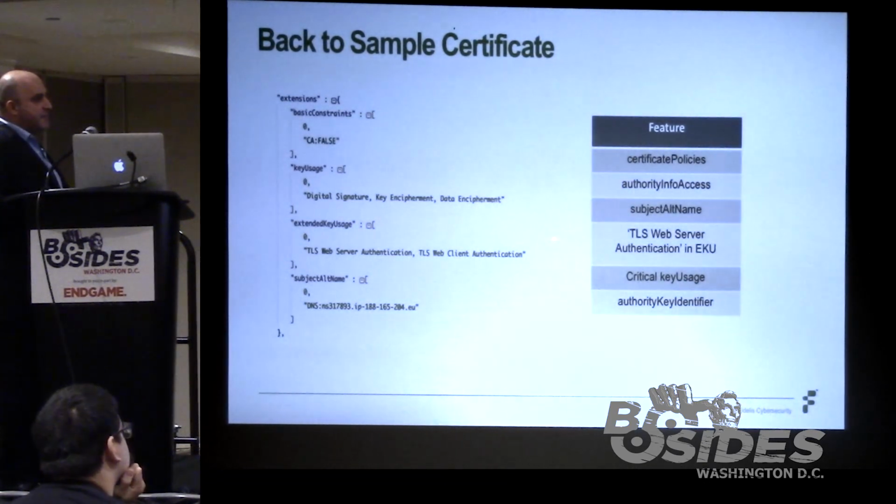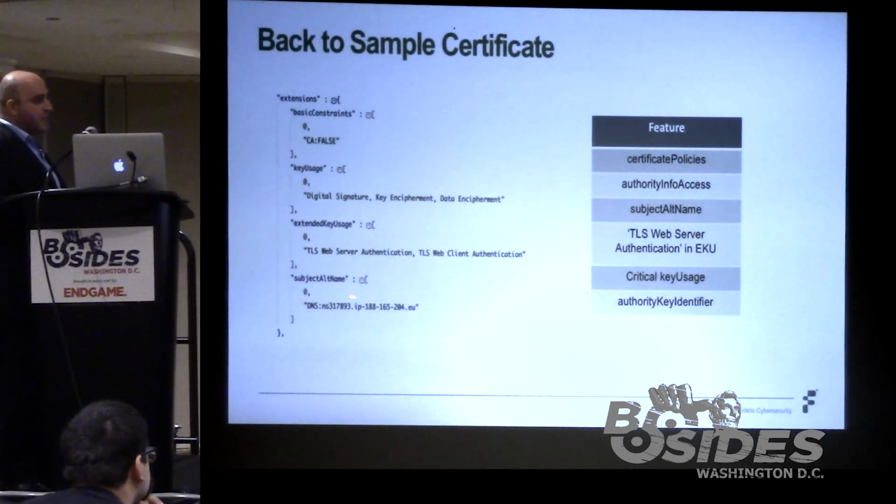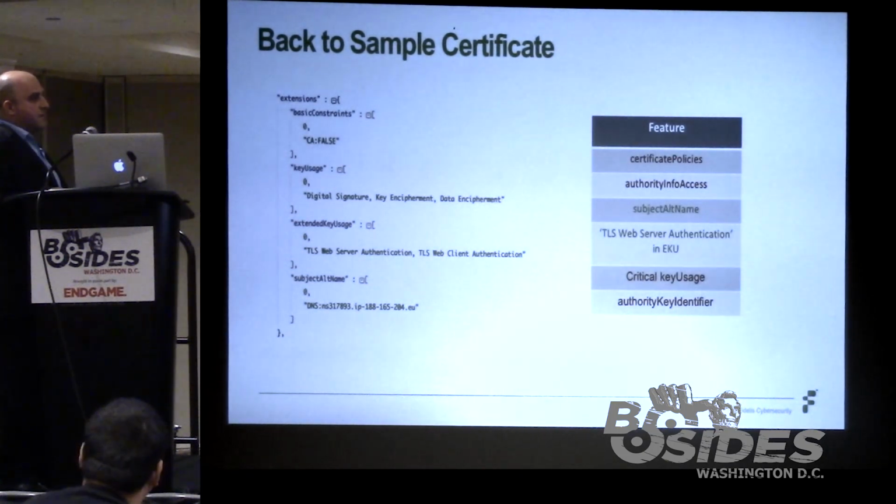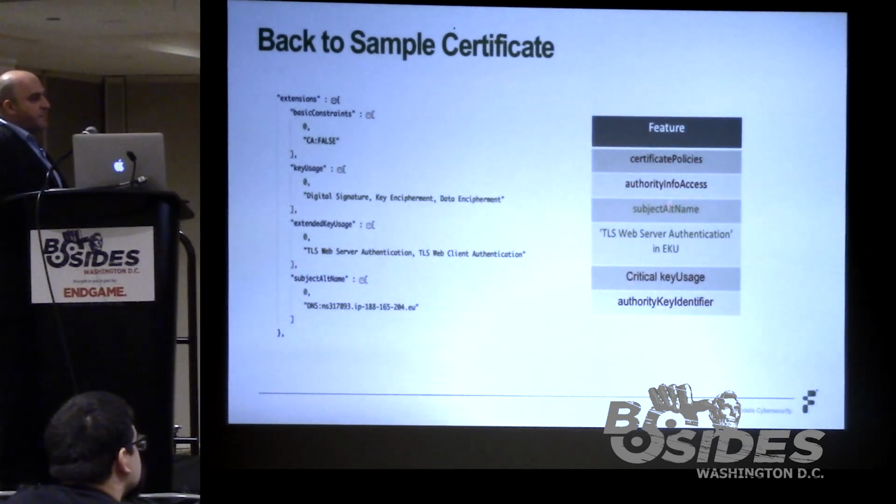Authority info access, not present. Subject alt name, it's present. TLS web server authentication, it's there. Critical key usage, the key usage here is not critical. And the authority key identifier, it's not present here. So we have some bad features, on the wrong side of the feature split, and some that are okay. And it turns out that this is actually a malicious cert.